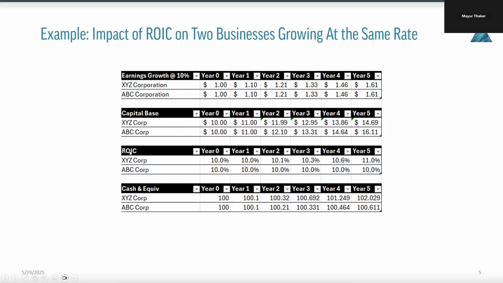The ROIC, in other words, tells you the return that each company is generating on its invested capital base, meaning how much profit you are generating per dollar of capital that you invested into the business itself. It tells you the rate of return that the company is generating on the capital it invested into the business.